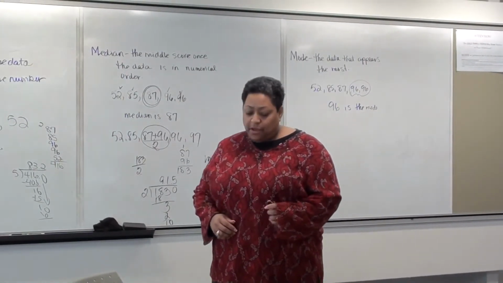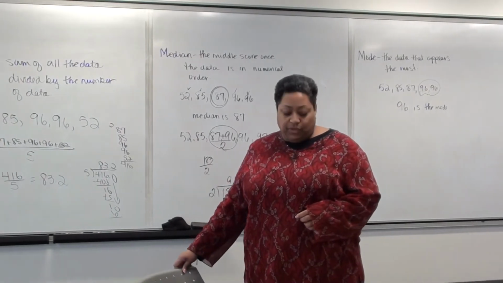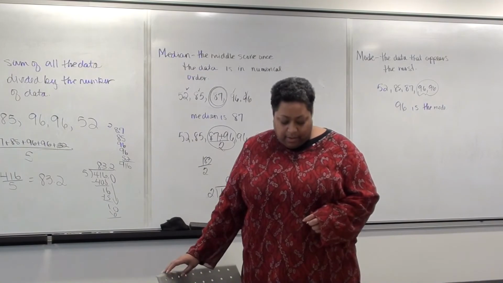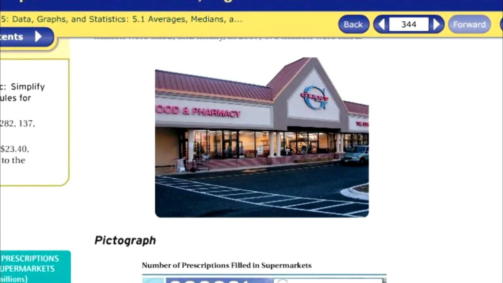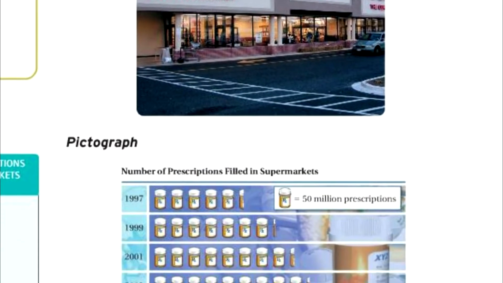The next thing we're going to talk about are the different types of graphs and how to read those graphs. If you open your book to page 334, and you see where they have the good old Giant Food Pharmacy, and right under there you see the pictograph.